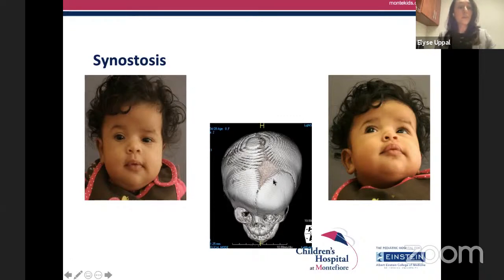While the upper third of the skull is twisted towards the right, you can see that pretty well on CT here, the lower two-thirds are actually twisting left. So you can kind of think of that as a corkscrew. And again, that's pretty characteristic of unicoronal synostosis. So that's a good way to tell the difference between deformational and craniosynostosis.